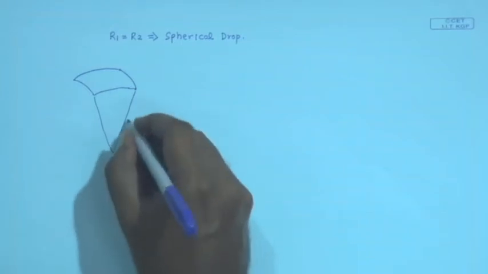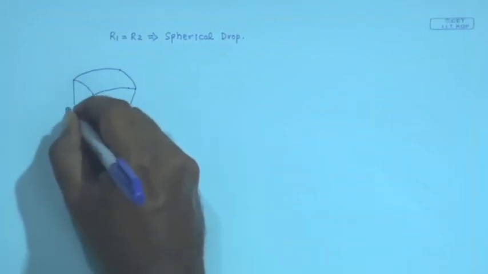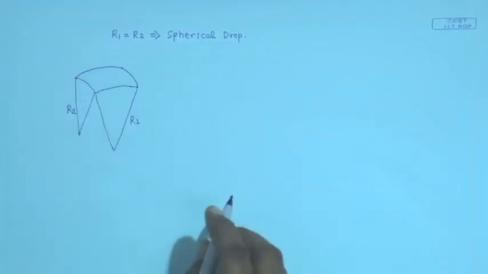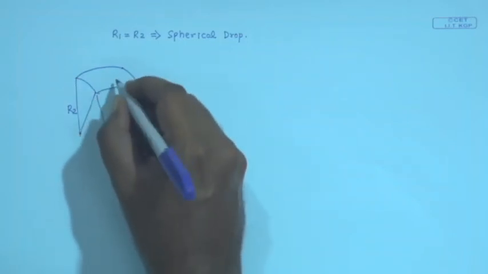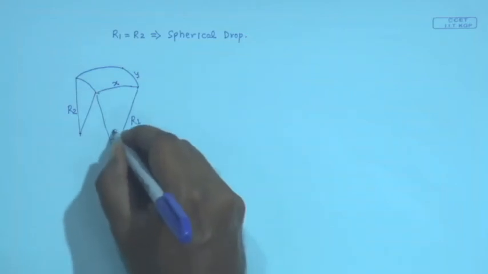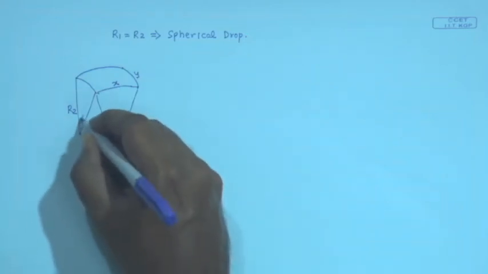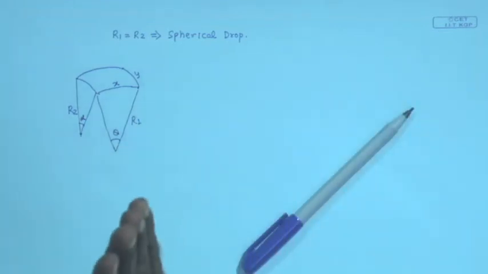Where the two radii are, let us say, R1. Now, there are some assumptions in this, but it is perfectly fine, and we will see. Let us say this length is x, this is y, the angle subtended is theta here and alpha here. So, these are the two orthogonal radii of curvature.